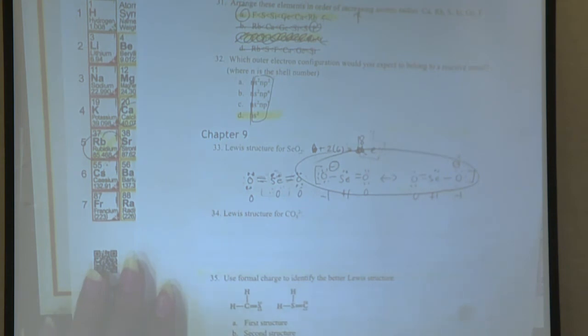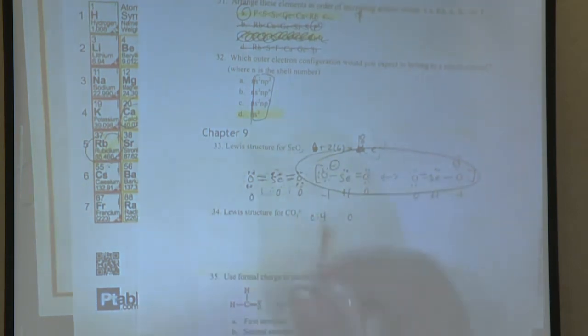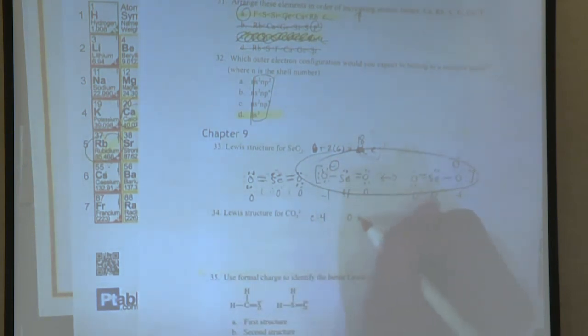Okay. And then the Lewis structure for CO3 2-. Important thing to keep in mind when they ask you for a Lewis structure is that if it has resonance structures, you have to draw all of the resonance structures in order to get the proper Lewis structure for it. So CO3 2-, our carbon is going to have 4, and our oxygen is going to have 6 times 3, right?